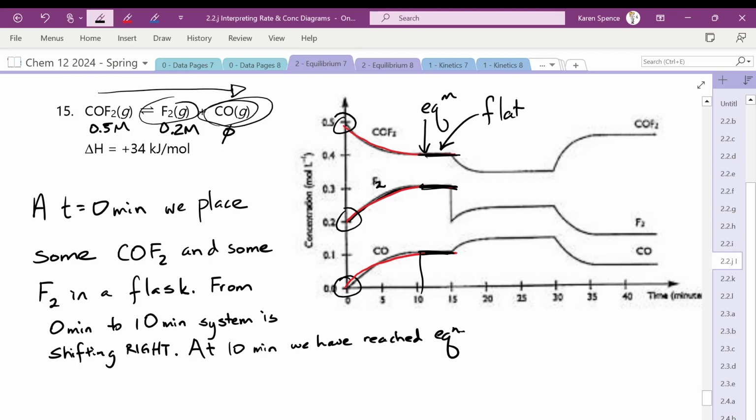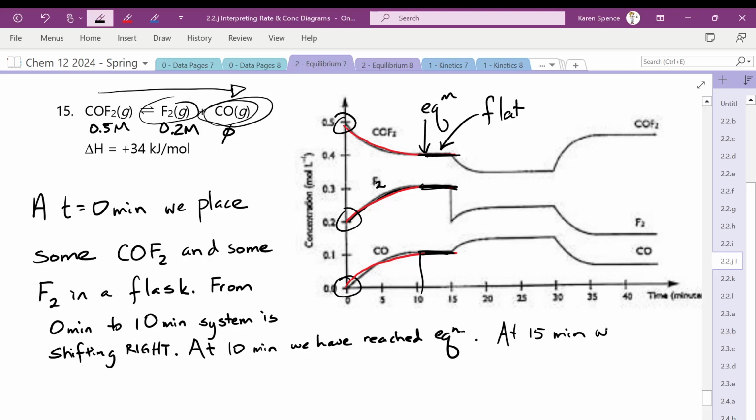All right, so we're at equilibrium. That's nice. Now, what happens at 15 minutes? At 15 minutes, is the system shifting or are we stressing it? We're stressing it.